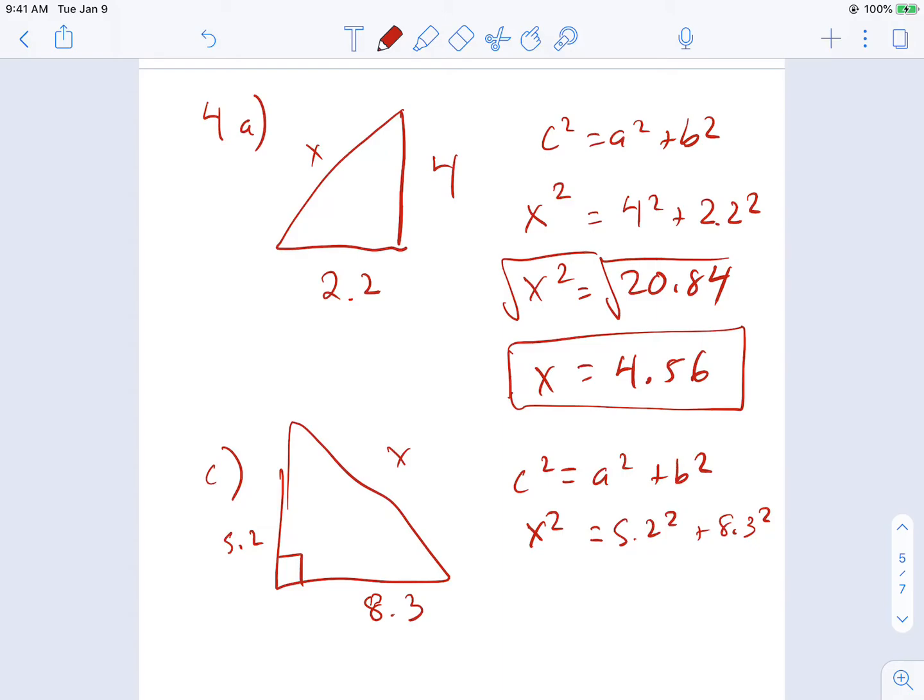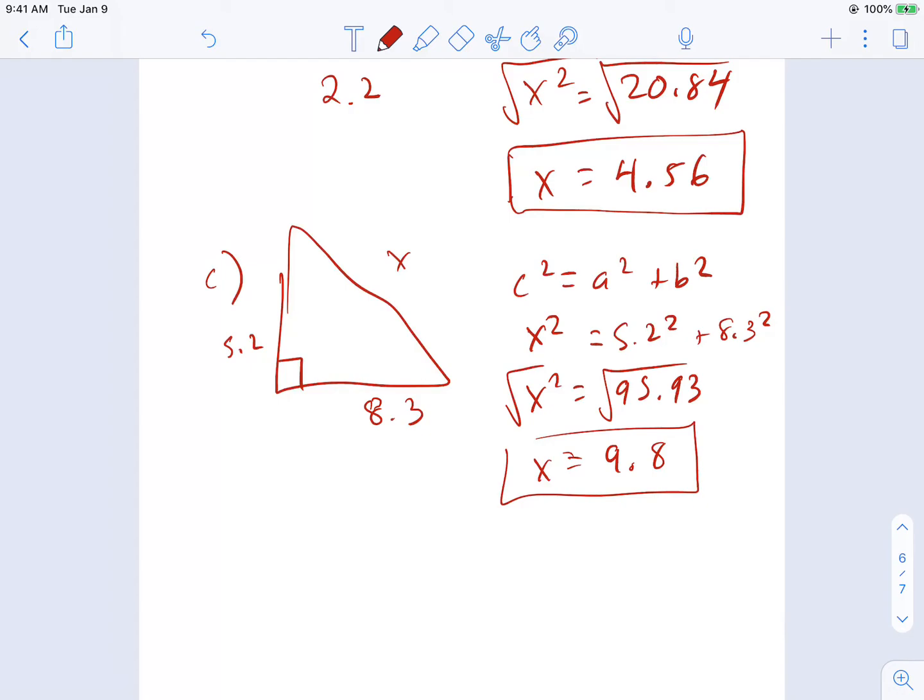So we have 8.3 squared, that gives me a value of 95.93, square root this side, square root that side, and we have 95.93 square rooted. That will give me about 9.8 is what I got for that.